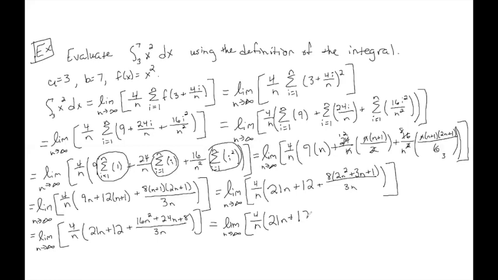21n plus 12 plus. Now, I can split this fraction up to be 16n squared over 3n plus 24n over 3n plus 8 over 3n, right? I can do this. This shouldn't be new.